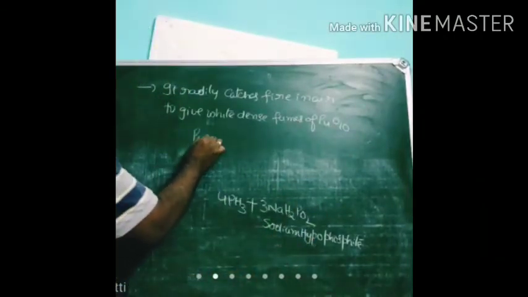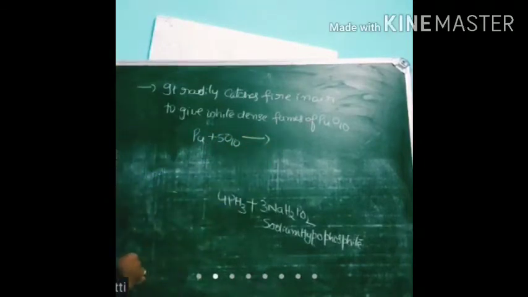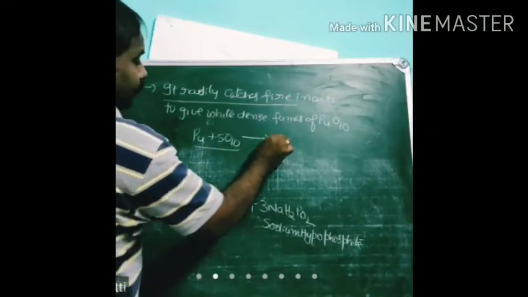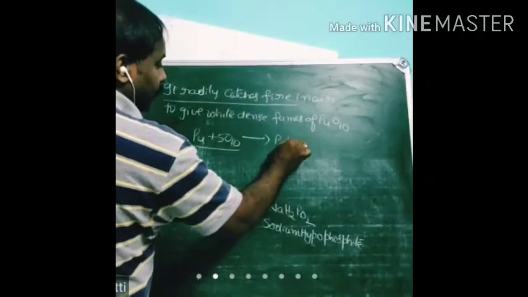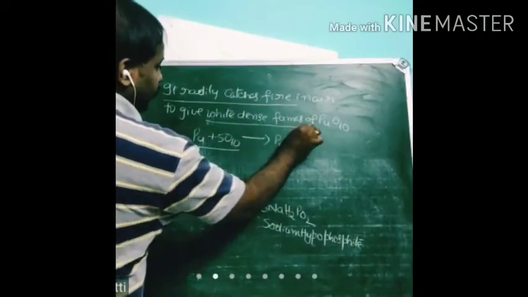So it reacts when it is exposed to air. In presence of air, it catches fire and it forms phosphorus pentoxide. The phosphorus pentoxide produces white dense fumes.